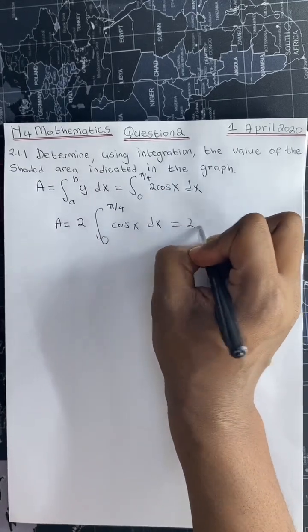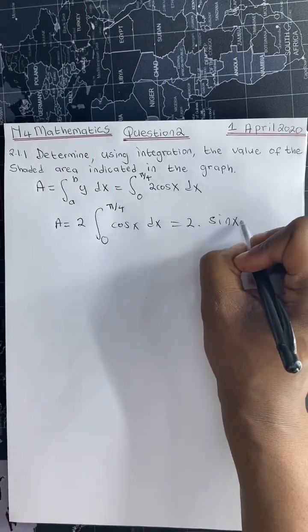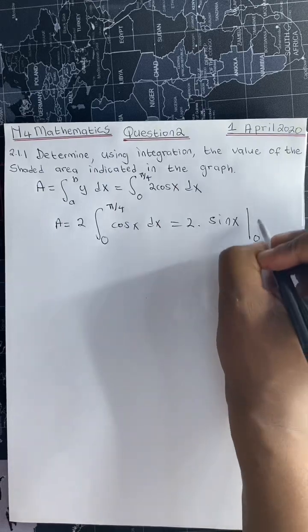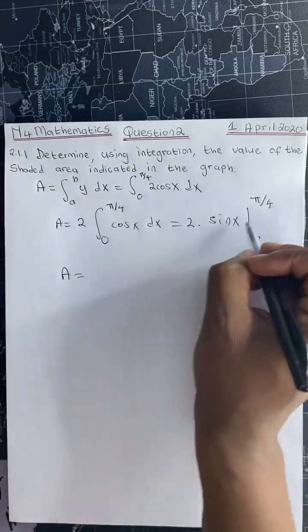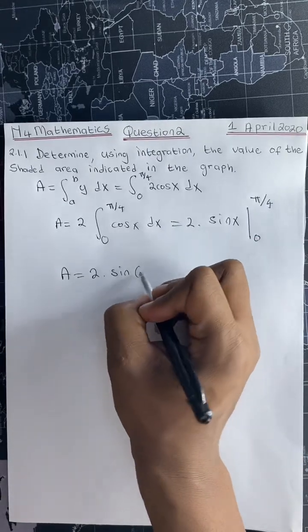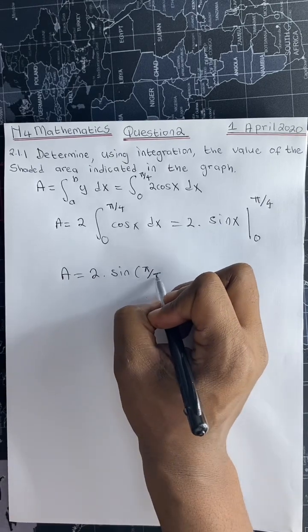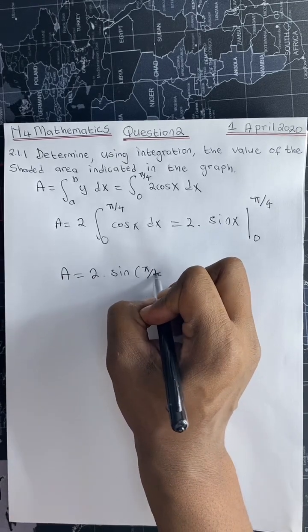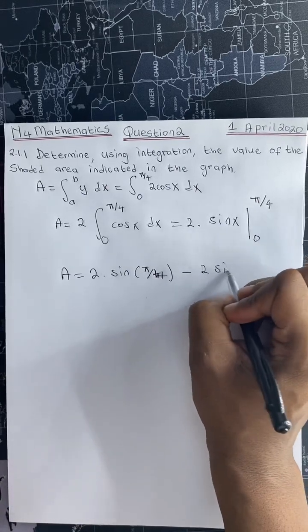From here we integrate the cos x, so the integral of cos x is equal to sin x, and our area is from 0 to pi over 4. We substitute pi over 4 where there is x, and later we substitute 0: 2 sine of pi over 4 minus 2 sine of 0.